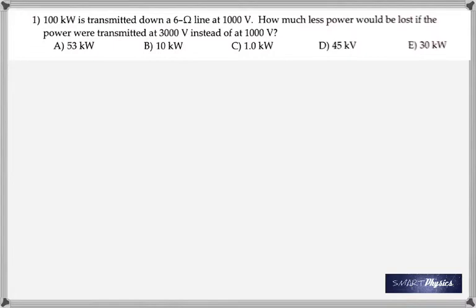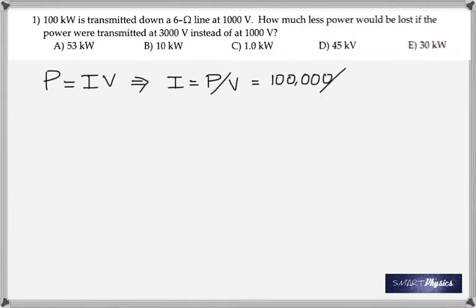So you have the power given, you have the voltage, so we can find the current. Power is the product of current and voltage, from which we can calculate the current. It's 100 amperes.